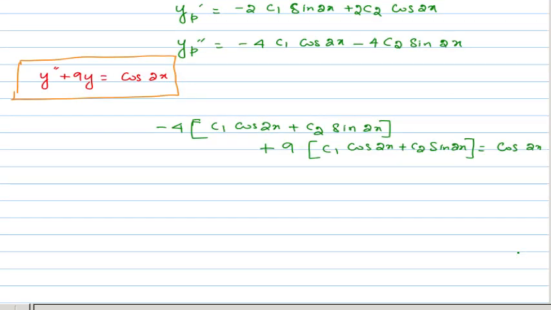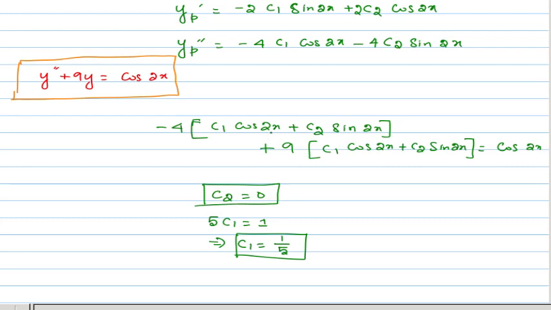Now I compare the coefficients. c2 becomes 0. 5 times c1 equals 1. This implies c1 equals 1 over 5. I am simply comparing the coefficients of cos 2x and sin 2x.